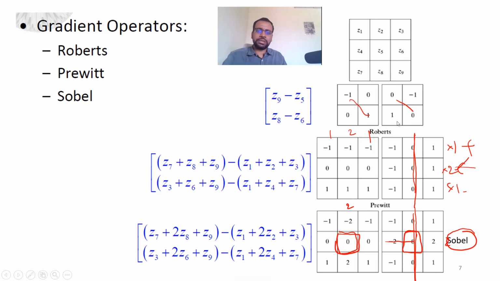But at a given pixel, you could take this minus this, or this minus this. That would essentially give you the edges in this direction. If your edge is in the exactly opposite direction, this other difference would give you that.